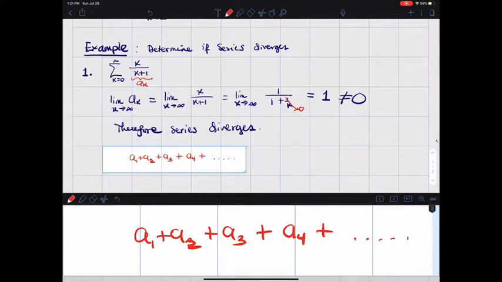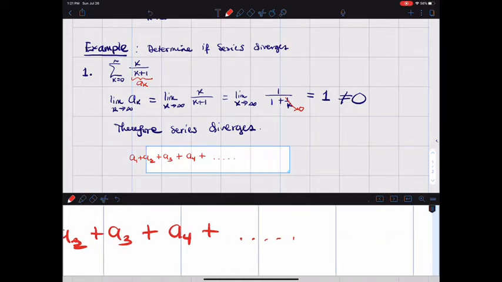Think about a bunch of numbers that might be decreasing, but they're not going to 0. Maybe they decrease or they increase, but the point is that they are not converging.